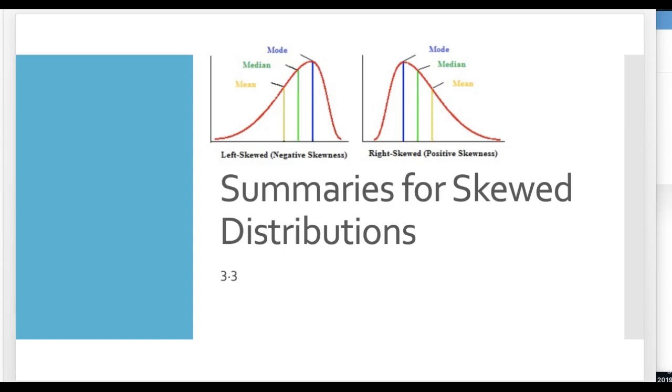The previous mean and standard deviation, what we're going to find out is that they work best when the distributions appear to be symmetric and unimodal. Okay, so in this section, we're going to introduce distributions that are skewed, right?